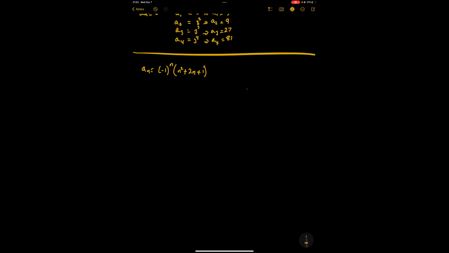Again, we want to find a1, a2, a3, and a4. Well, a1 would be negative 1 to the power of 1 times 1 squared plus 2 times 1 plus 1, and you have negative 1 to the power of 1, which is negative 1.